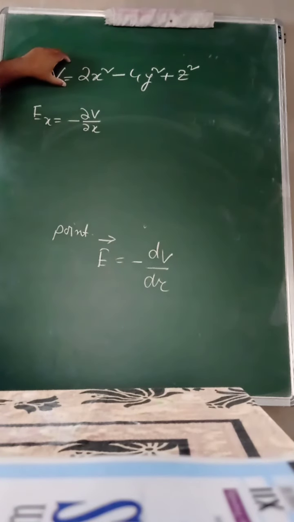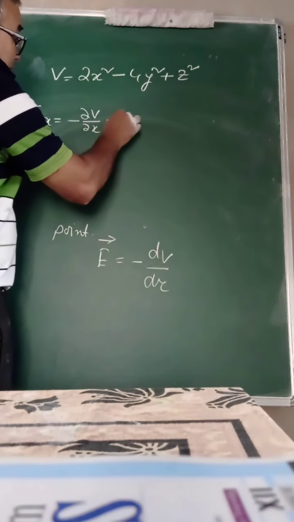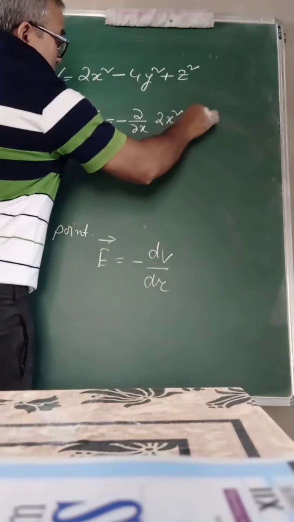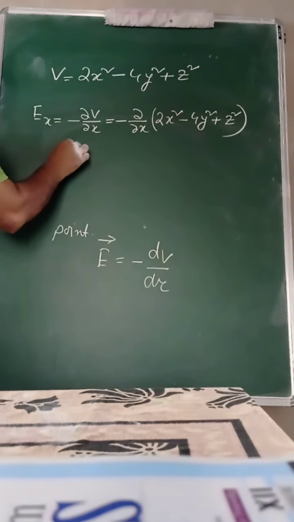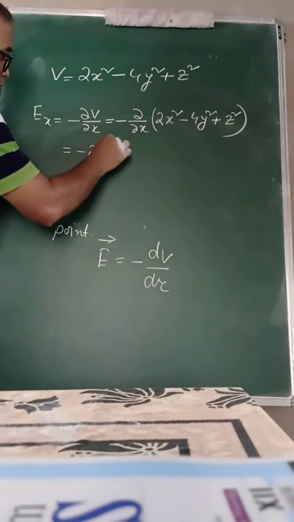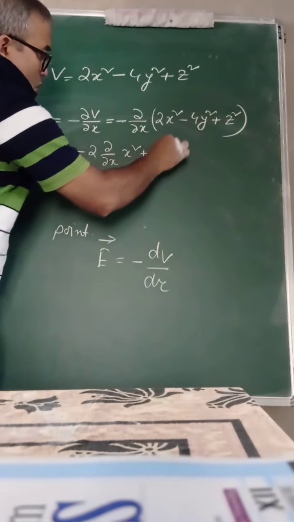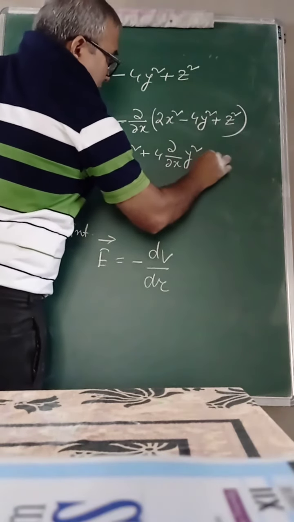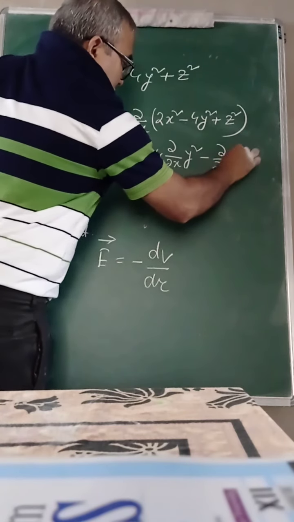So Ex is equal to minus del V by del x, so minus del by del x of (2x² − 4y² + z²). If I do this differentiation, it gives minus 2 del by del x of x², plus 4 del by del x of y², and minus del by del x of z².